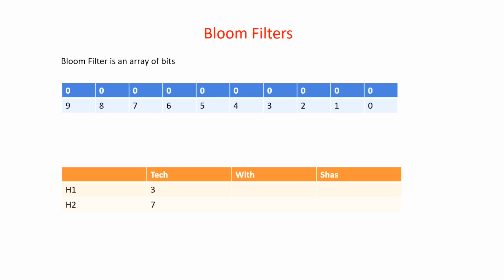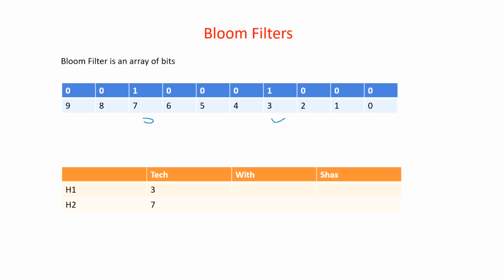So what we are going to do is set 1 at position 3 and position 7, right? Whatever values we get from the hash functions, we set those positions to 1. Here you can see that we have set 1 at position 3 and position 7.